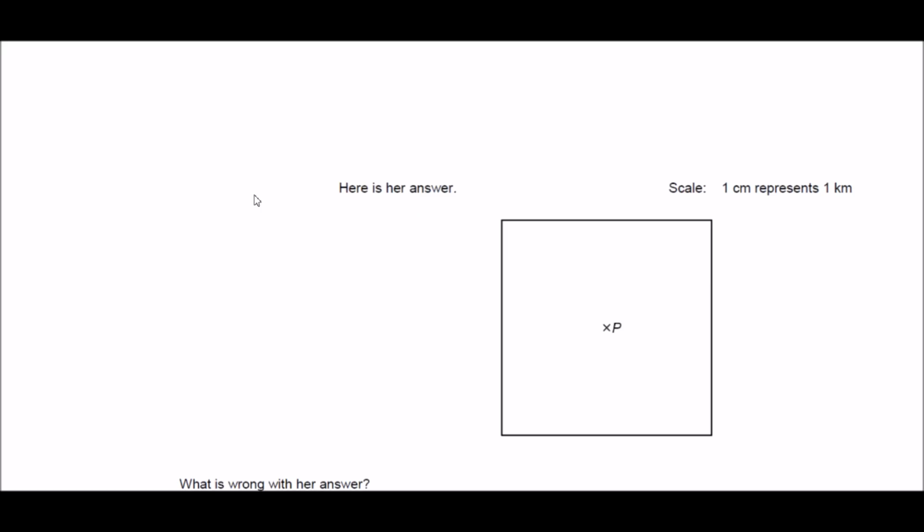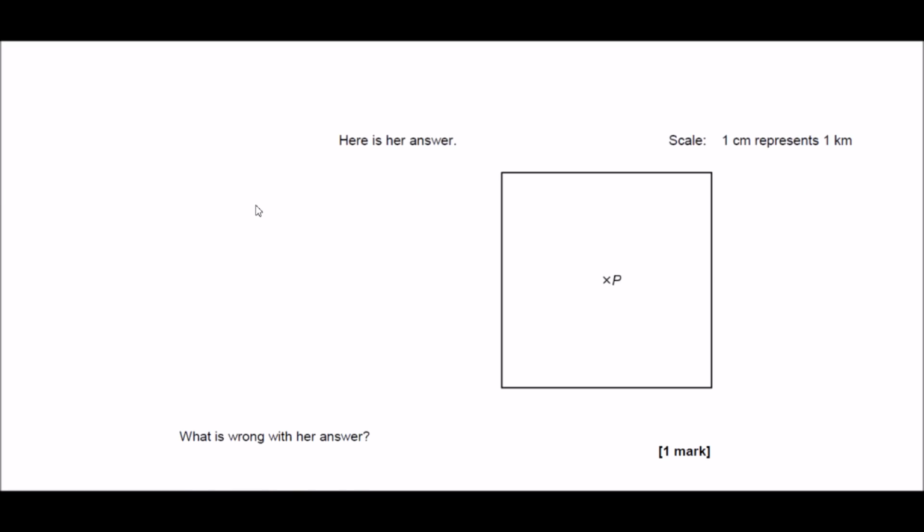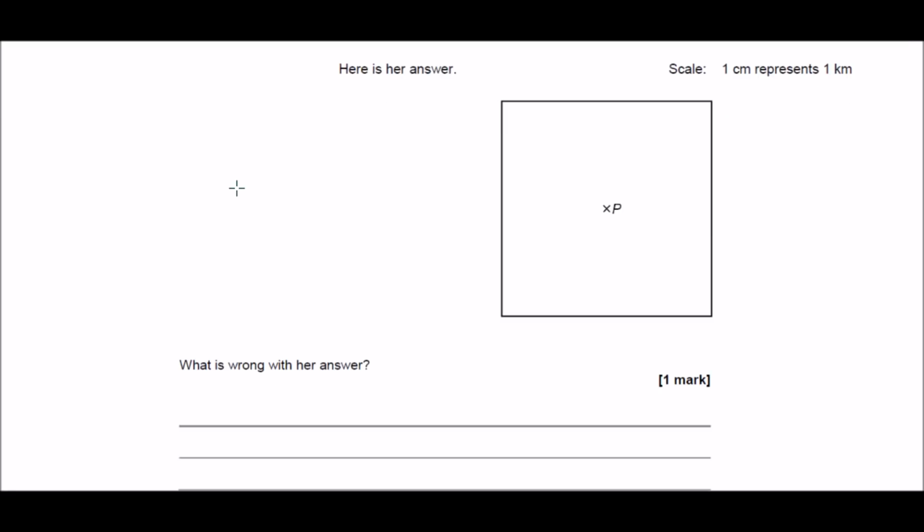For part B, Kay wants to show all the points 3 kilometers from P, and her answer is this one here. So she's drawn a square. To put it simply, what's wrong with her answer? It should be a circle.